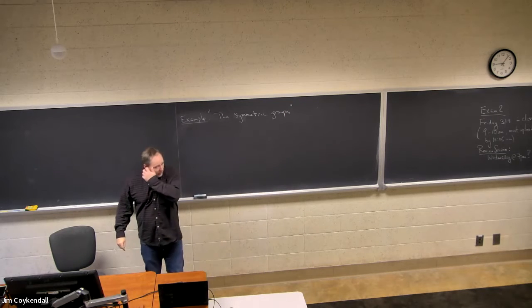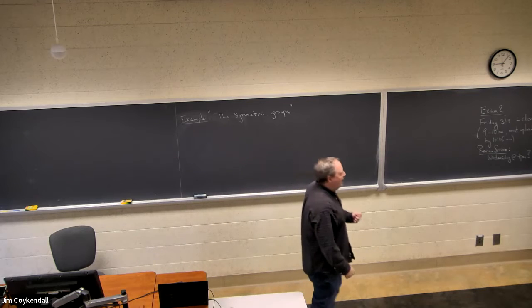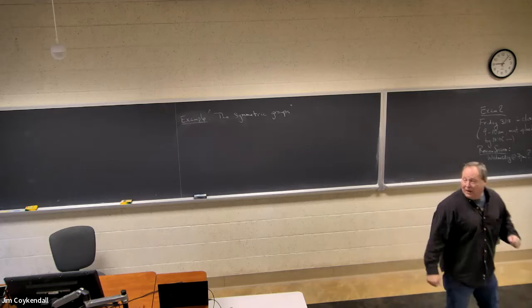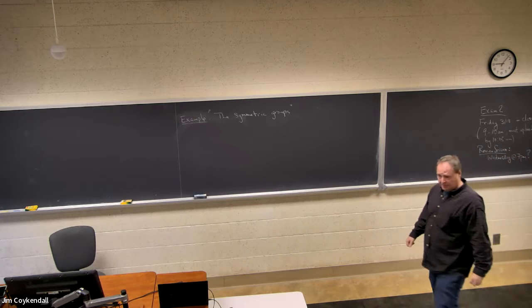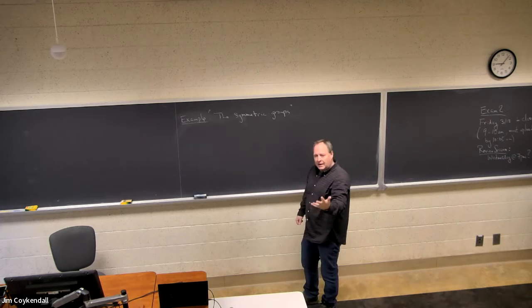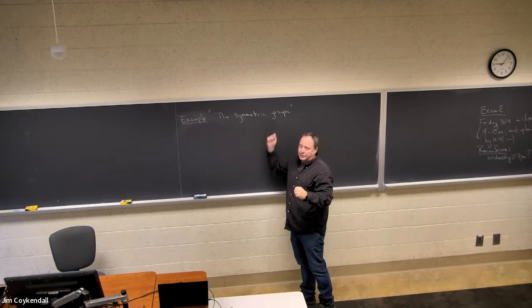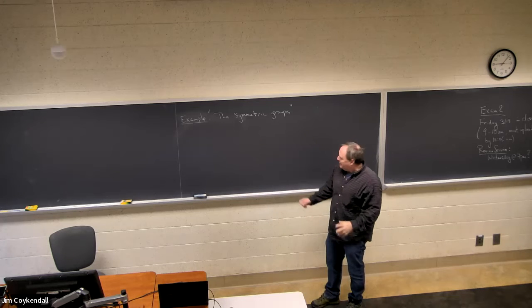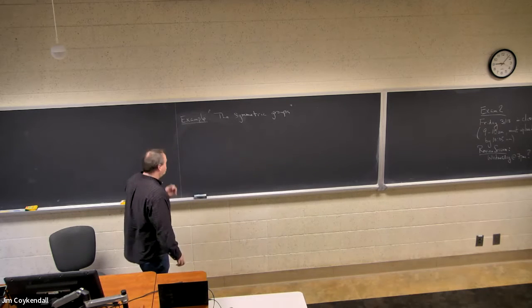Here are the big classic examples that I want you guys to focus on. It turns out that I want to only do this for finite groups, but any finite group is a subgroup of one of these things. So if you've got any finite group in the world, then it lives inside one of these symmetric groups. This is actually true in the infinite case as well, but I'm not going to focus on that too much.